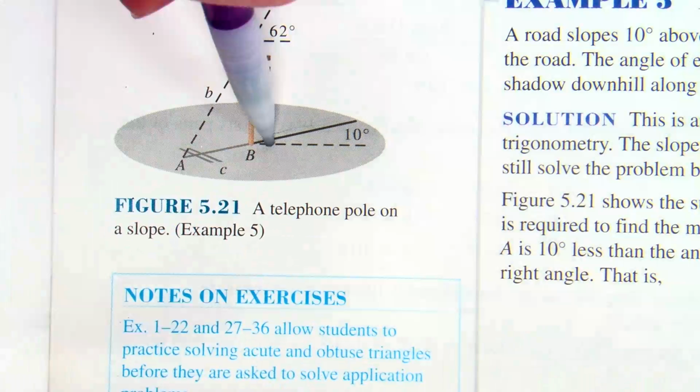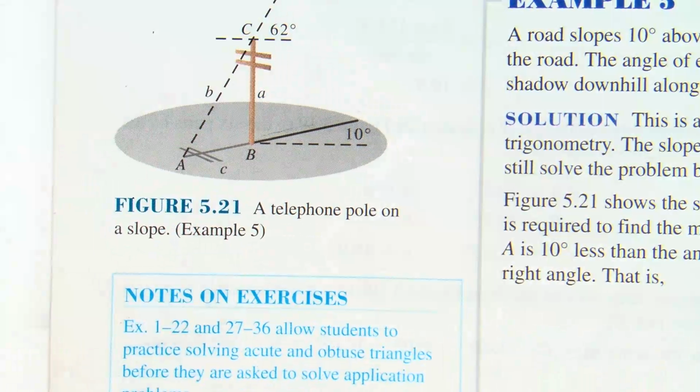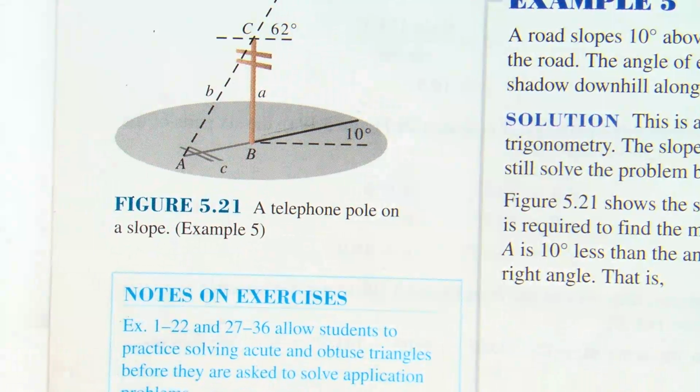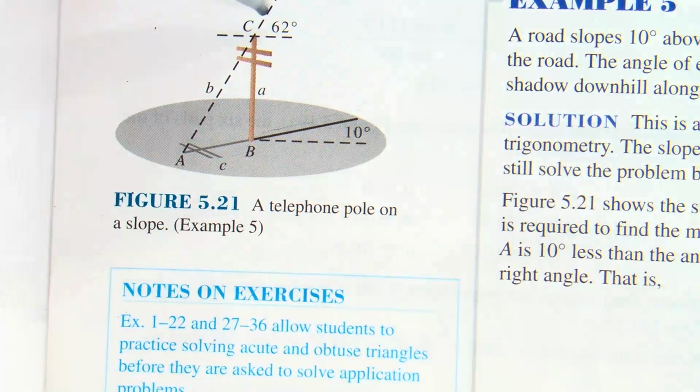This telephone pole is vertical. The angle of elevation of the sun is 62 degrees. So where does the sun come from? The sky, okay, up above. So the idea here is the angle of the sun coming down. It makes a 62-degree angle right there. So we can find angle C.